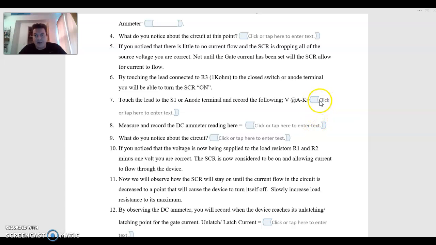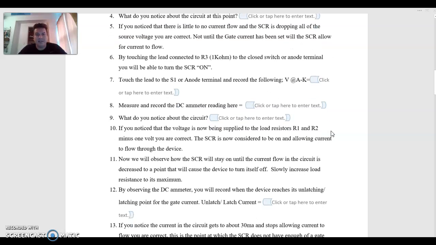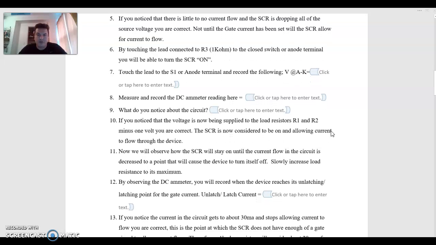So we should see about 1 volt across the anode cathode. The DC ammeter at this point, with minimum resistance in the circuit, should be measuring about 200 milliamps. What are we noticing about the circuit? Well, the circuit is now on. It is now conducting current flow and allowing voltage to drop across its resistors.